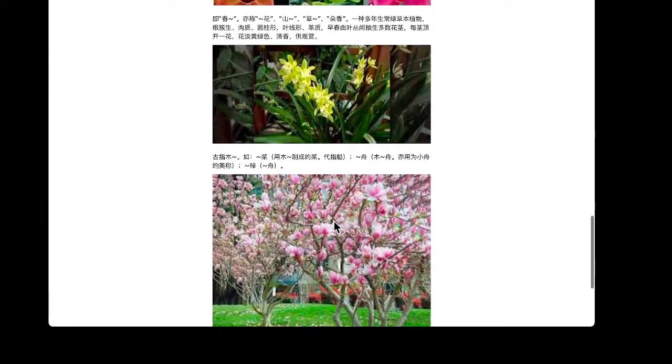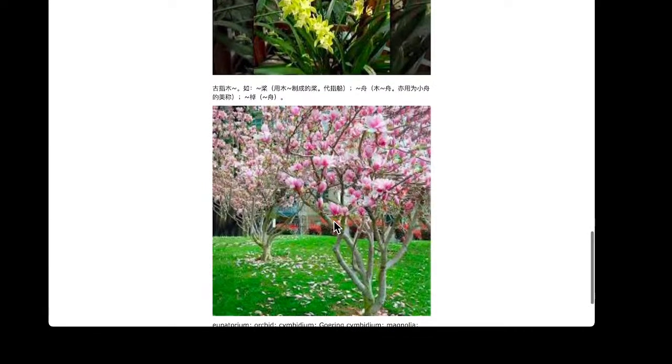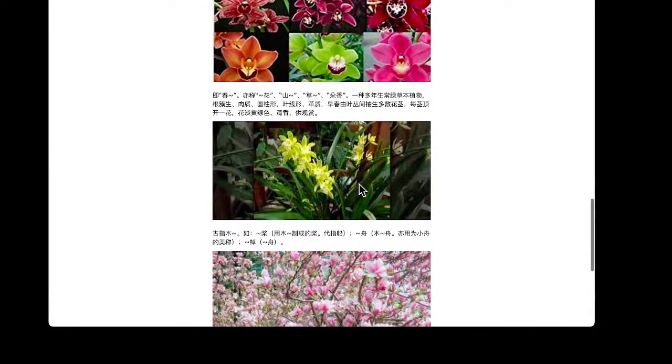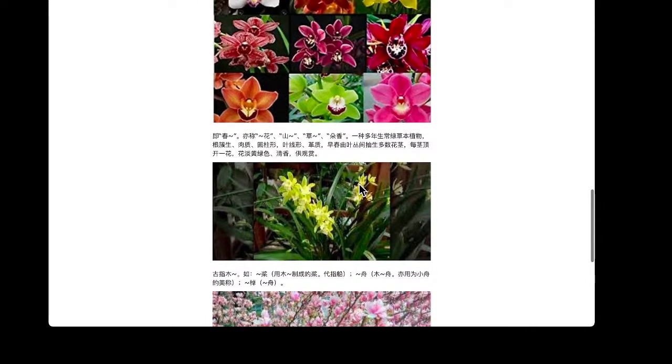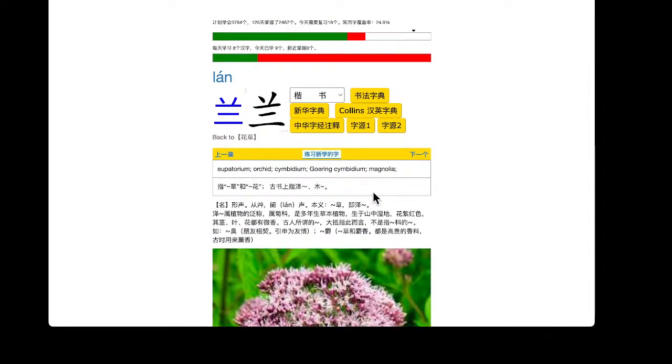And then also the magnolia. People call them 木兰. Okay, because it's on the trees. Okay, you call them 木兰. Okay, so many types of plants, they all call them 兰.